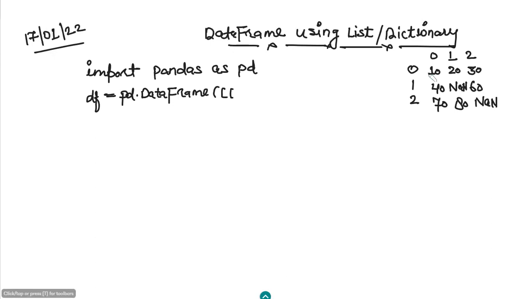Now first for that we have to import a library, that is numpy. I'm removing that line because to insert null values we need to import the numpy module, because numpy module has null values, right?